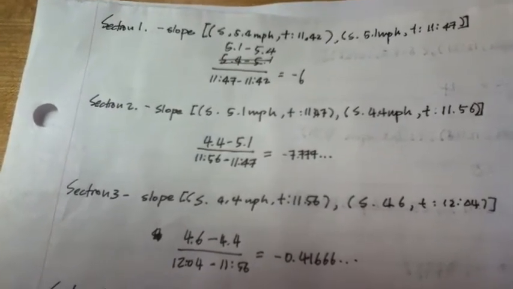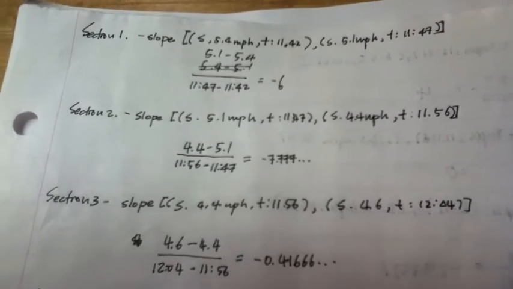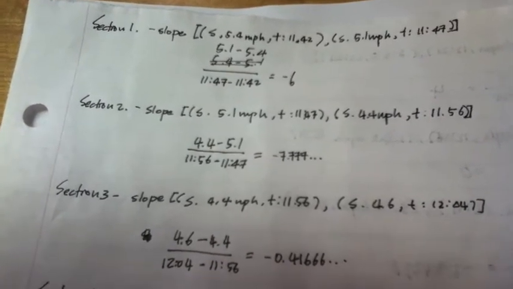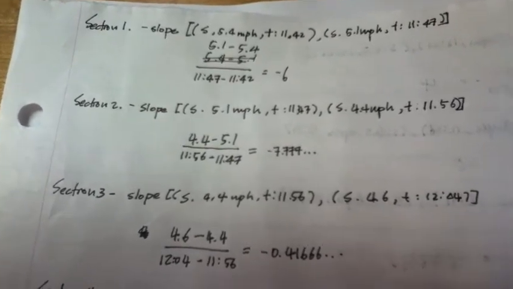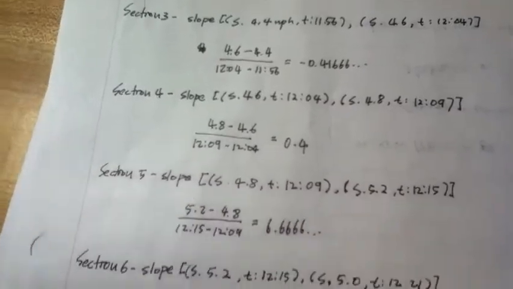I split the entire graph into sections 1 to 11, and I found each graph function. To find the functions, I found the slopes first. Those are the slopes I got.